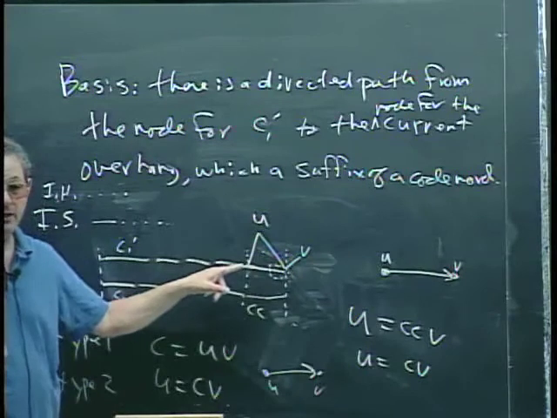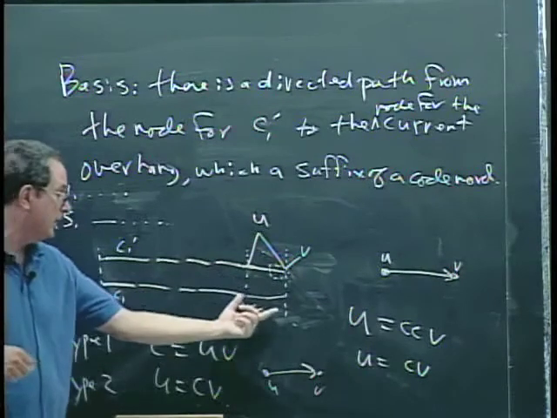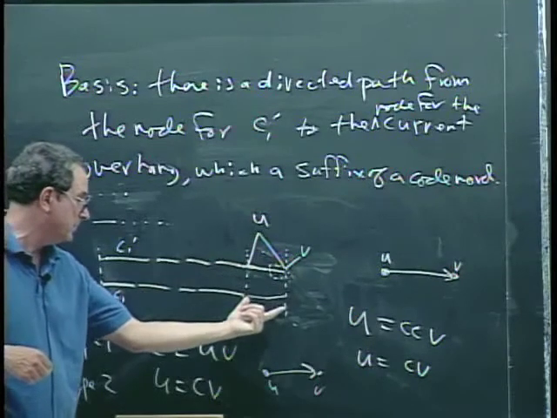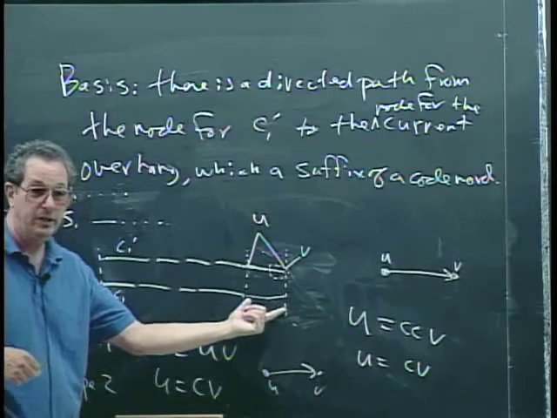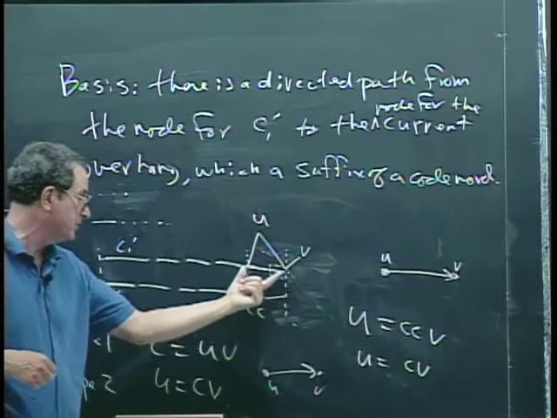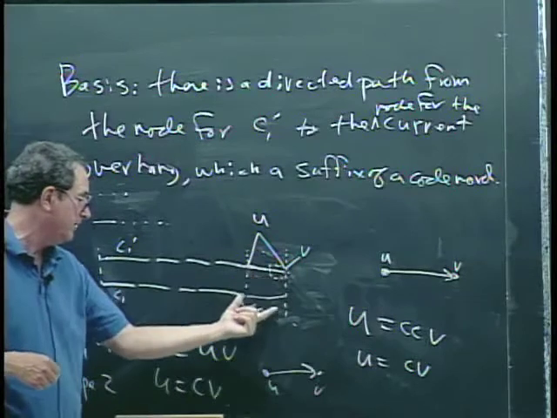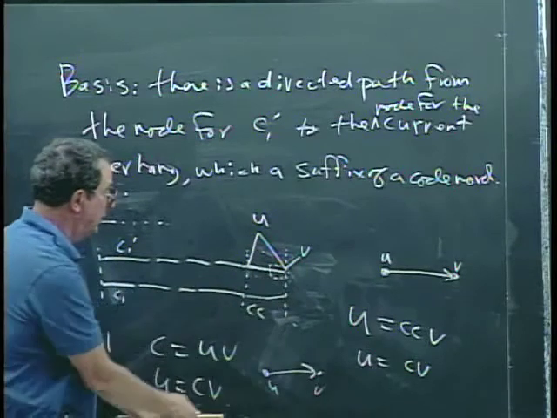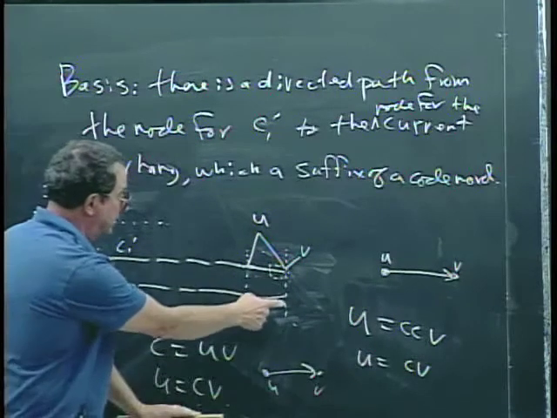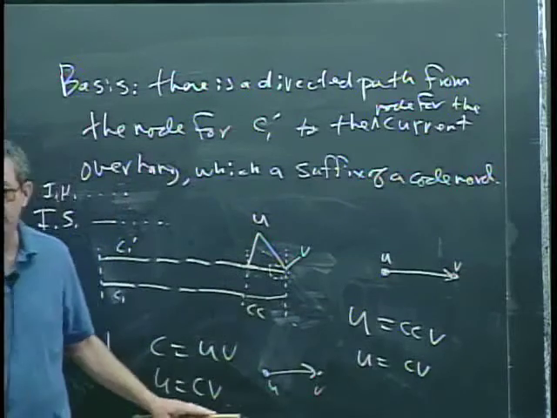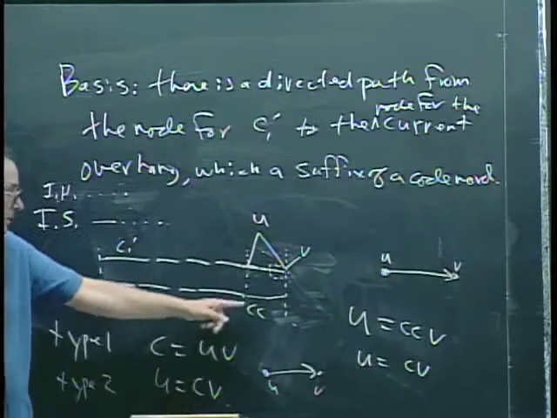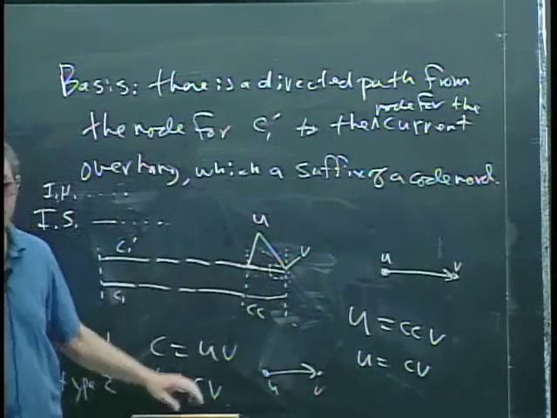That was the current overhang. And now we're realizing that because there's a code word CC here, which makes the two parses equal, CC is the same length as U. And CC is a code word. Now it's equal. Why is it equal to U?